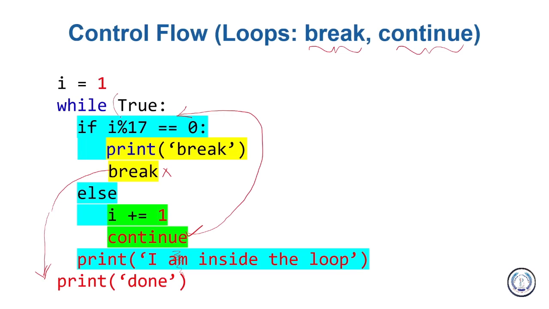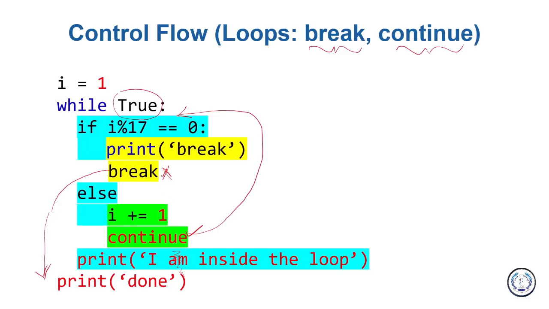Here I have written this true. While true means always run. You might be thinking, it's an infinite loop. When will we exit the loop, because this true will always stay true, we're not changing it anymore. There is no condition here. While true means always go inside the loop. But whenever this break is encountered, you are outside the loop right away.